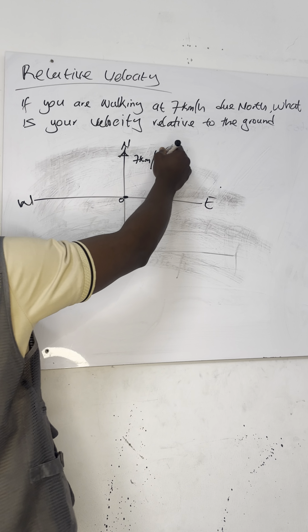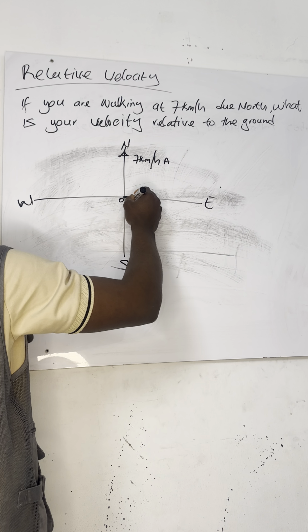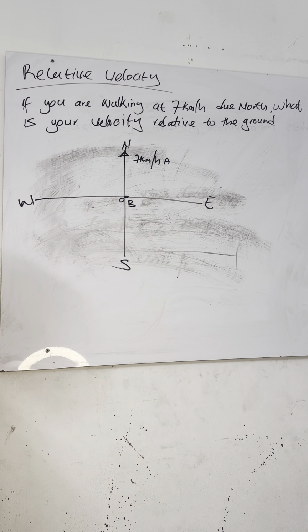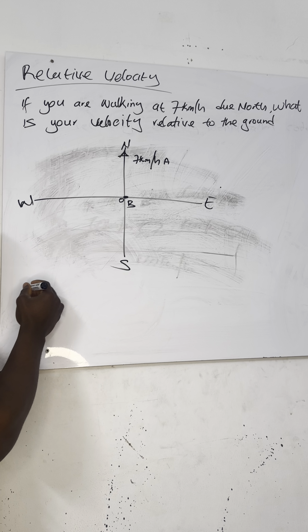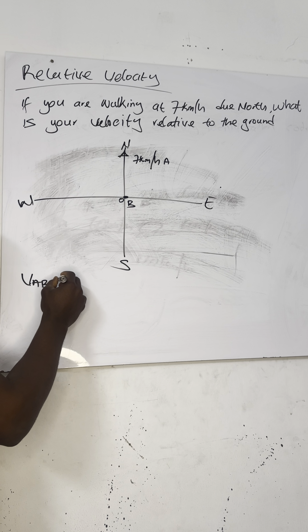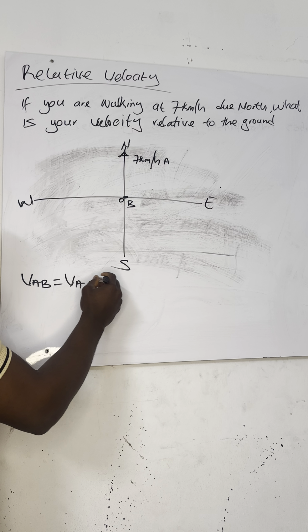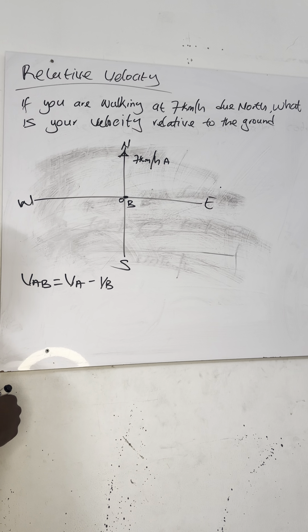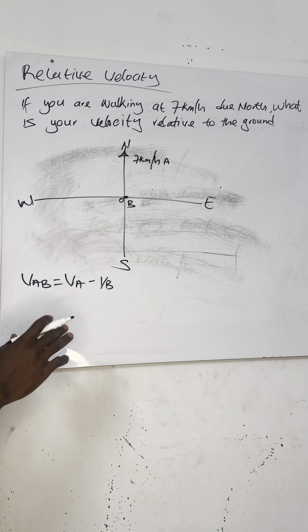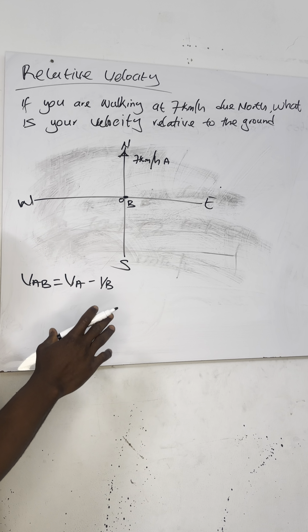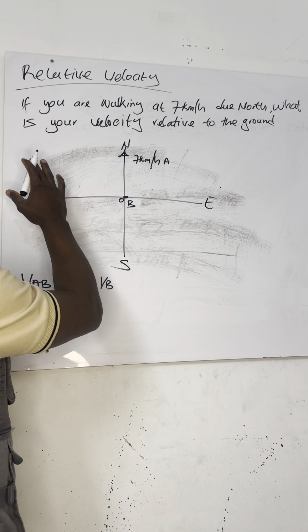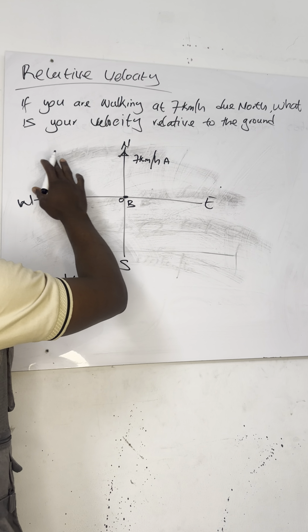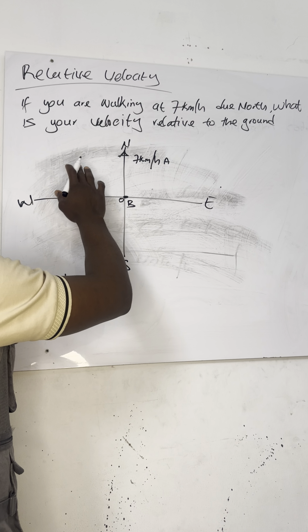Let's name you A, and let's name the ground B. Normally the formula for relative velocity is given as VAB equals VA minus VB. If you are walking due north, what is your velocity?